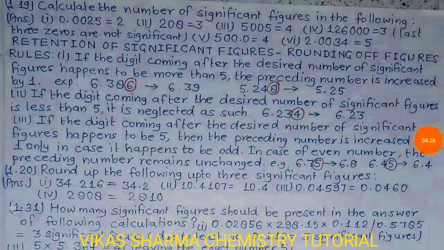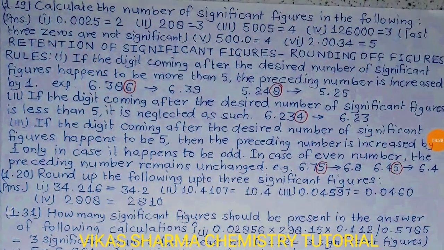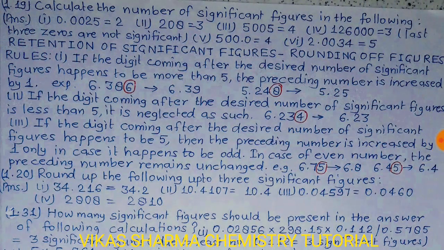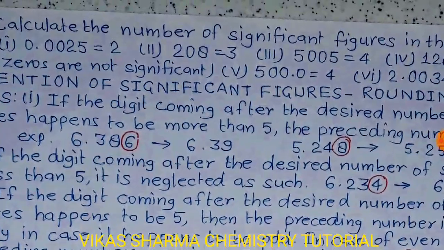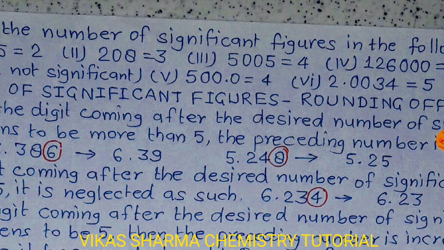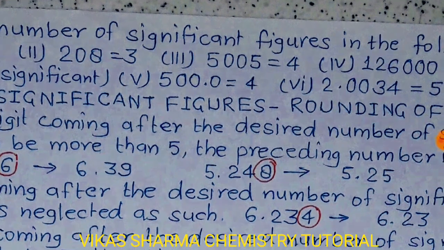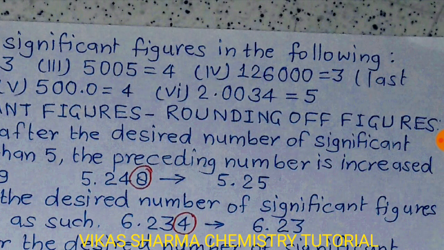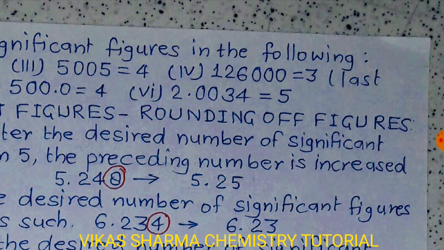In NCERT exercise question number 1.19, calculate the number of significant figures in the following. Question 1, 0.0025. The significant figures are only 2 because the 0 is on the left hand side of the non-zero digits. Question 2, 208. The significant figures are 3. Third, 5005. Significant figures are 4. 126,000.